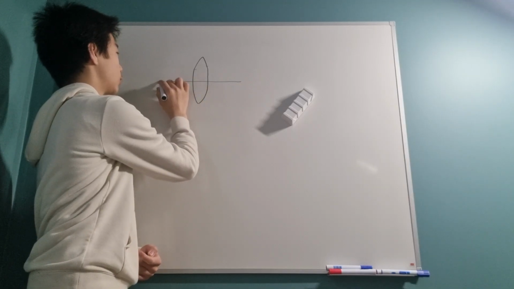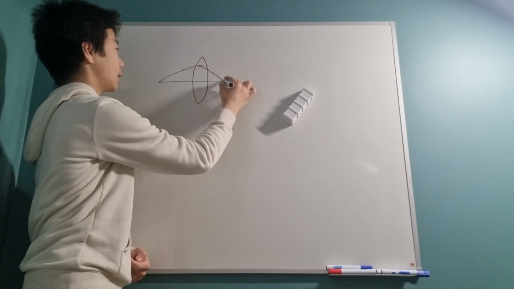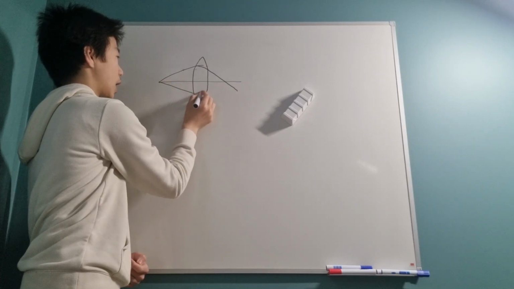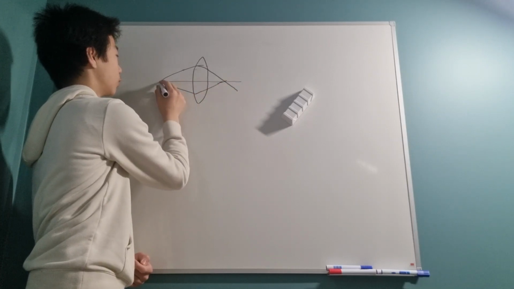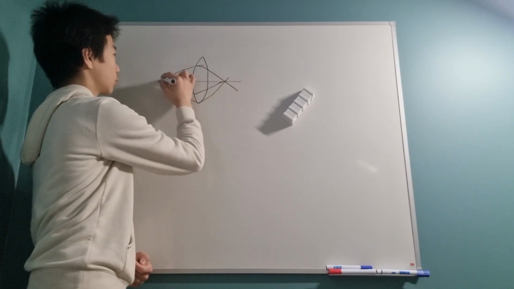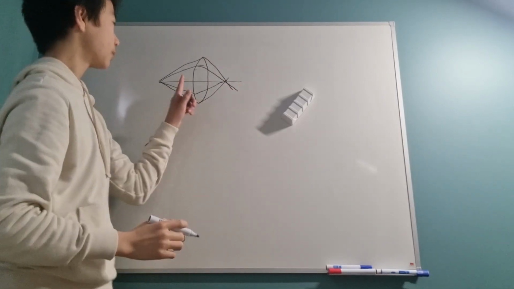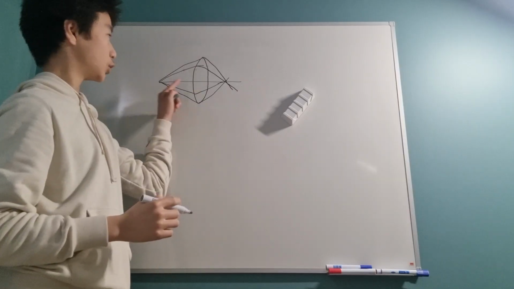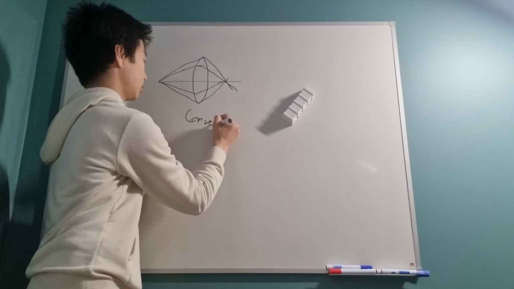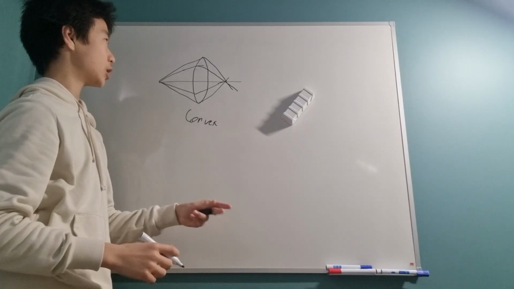And if it moves in over here, the light is being refracted like this, and it converges to one point. So you see, once the light travels through the convex lens, it converges at one point, and then it spreads out.